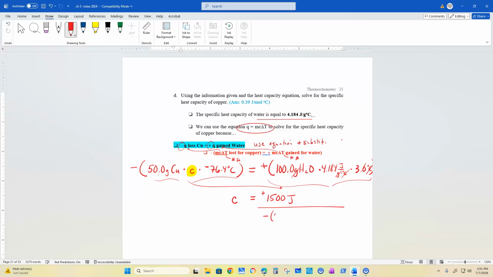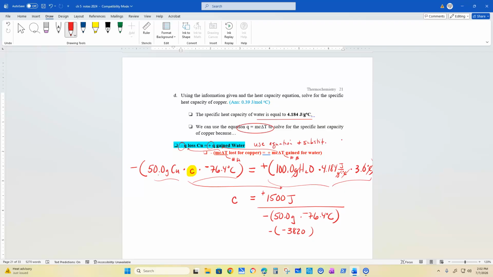So I got negative 50 grams times negative 76.4. Okay. Well, take care of the denominator first. 50 times negative 76.4, with 3 sig figs, you get negative 3820. Now, my units didn't cancel. I don't want them to cancel.